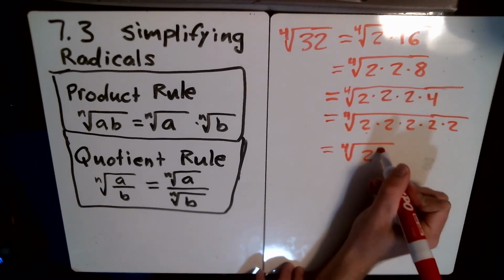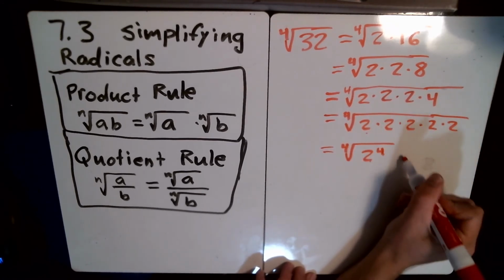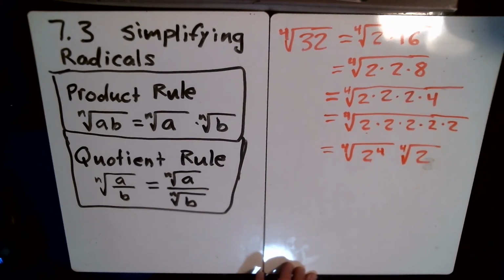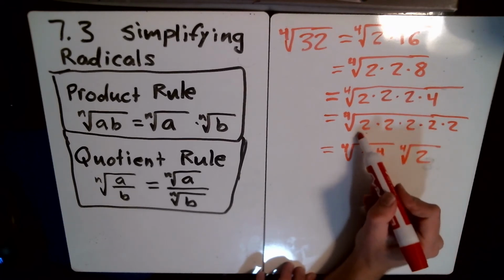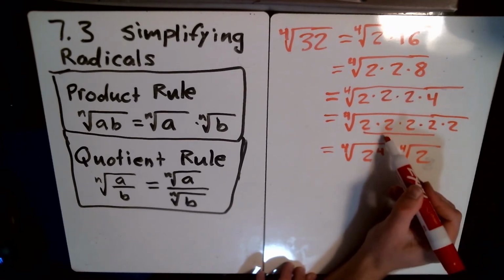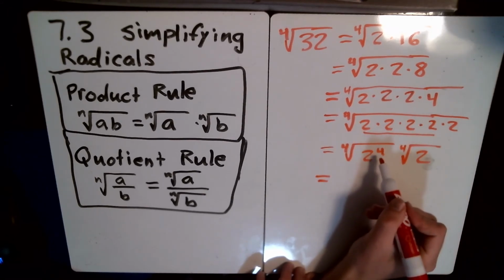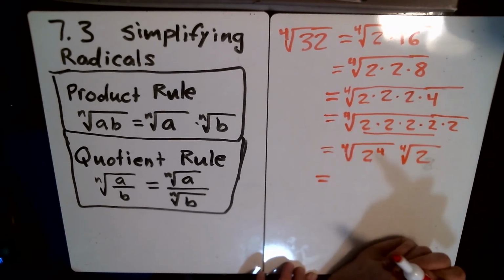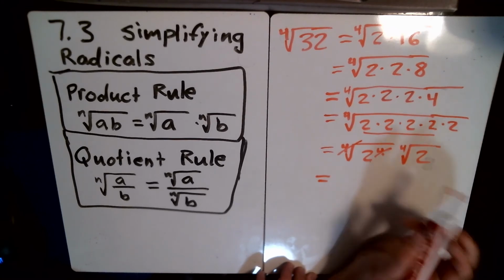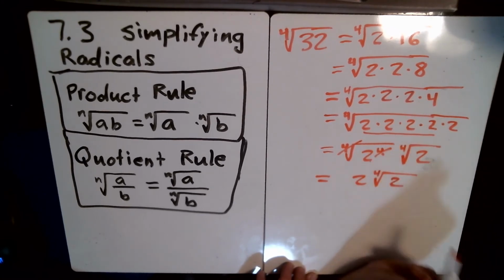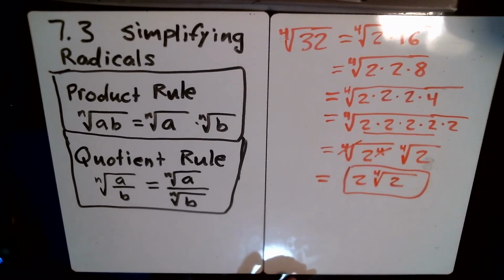I'll combine 4 of those 2's together, and then I'll be left with 1 2 by itself, right? So I took the 4 2's, put them in here, and there's 1 extra. So when you do a 4th root of a 4th power, those cancel out, and I just get 2 times the 4th root of 2. That would be our radical there.